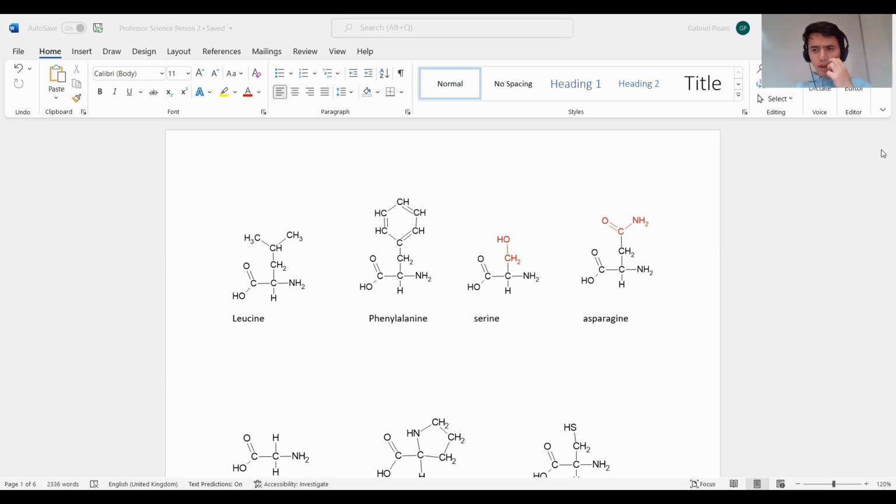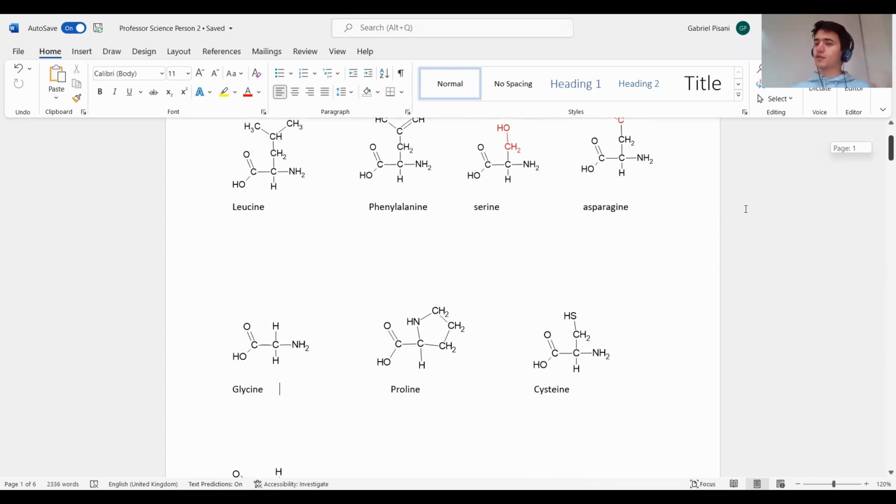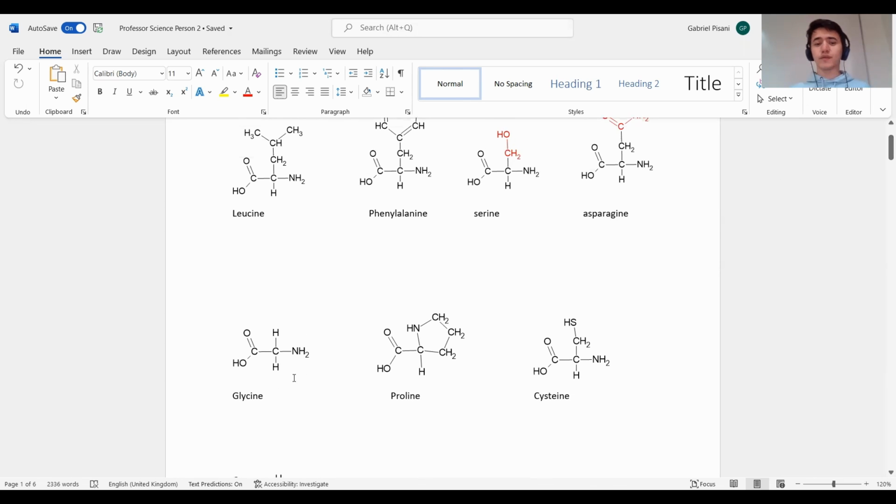Now, whilst these hydrophobic properties are important, they aren't all of the protein structure. In fact, there are some special amino acids with unique properties to give the proteins. Glycine over here, for instance, is the smallest amino acid. Because it's so small, it can essentially fit wherever, even in places that are crowded with many atoms.